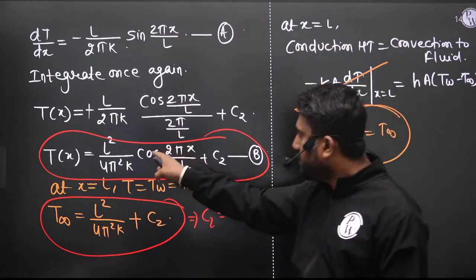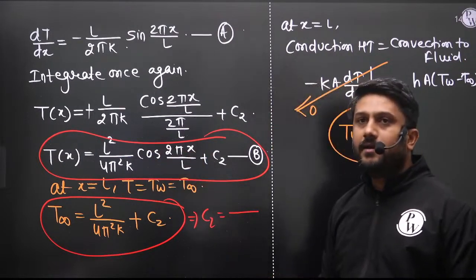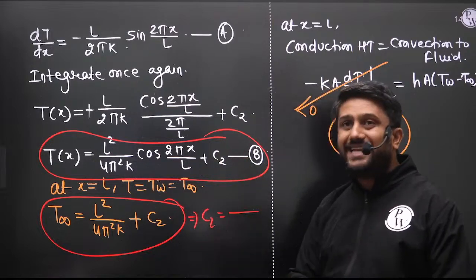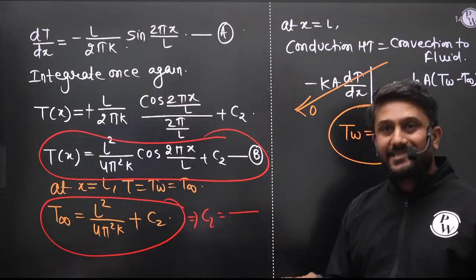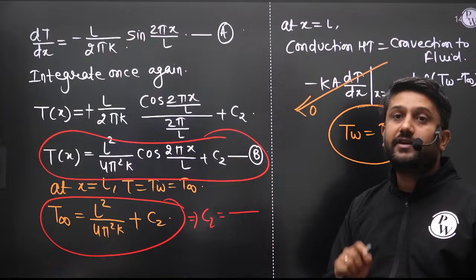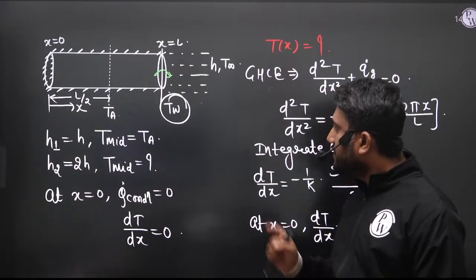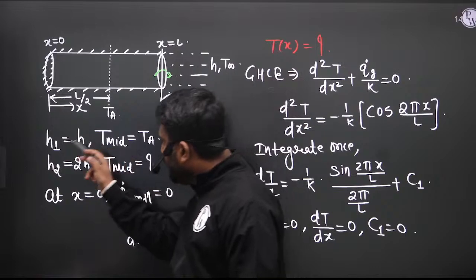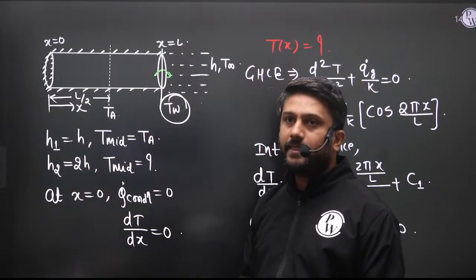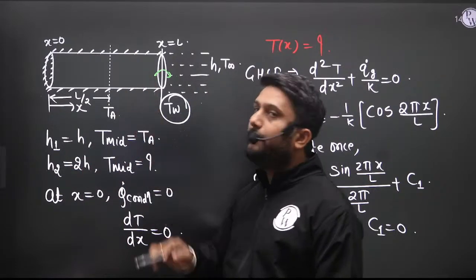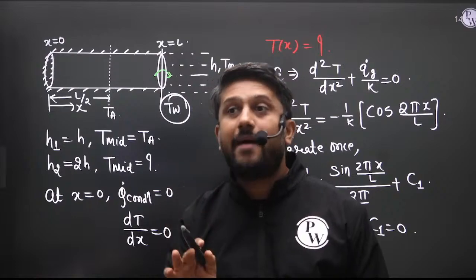If you see equation number B, there is no h term, and since the temperature variation is not a function of h, that's why if you double this convective heat transfer coefficient, there is no change in the mid temperature. And why does this happen?